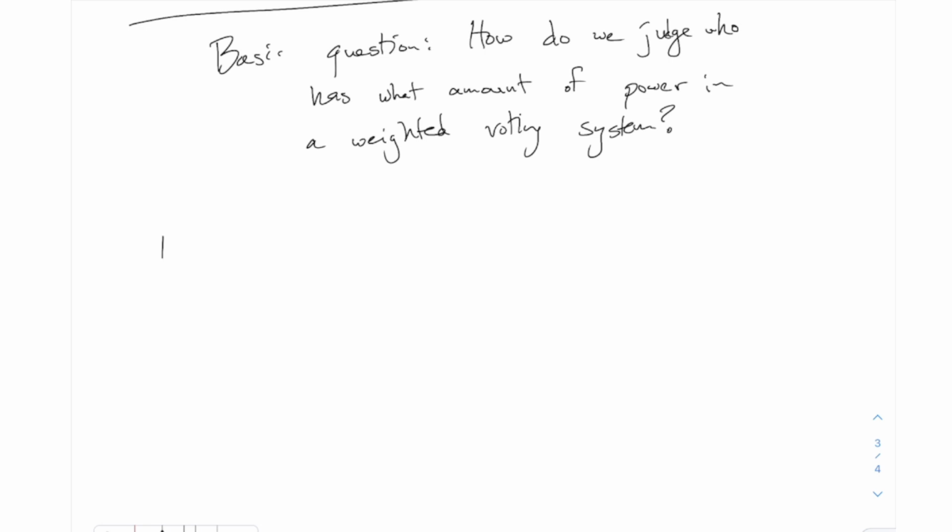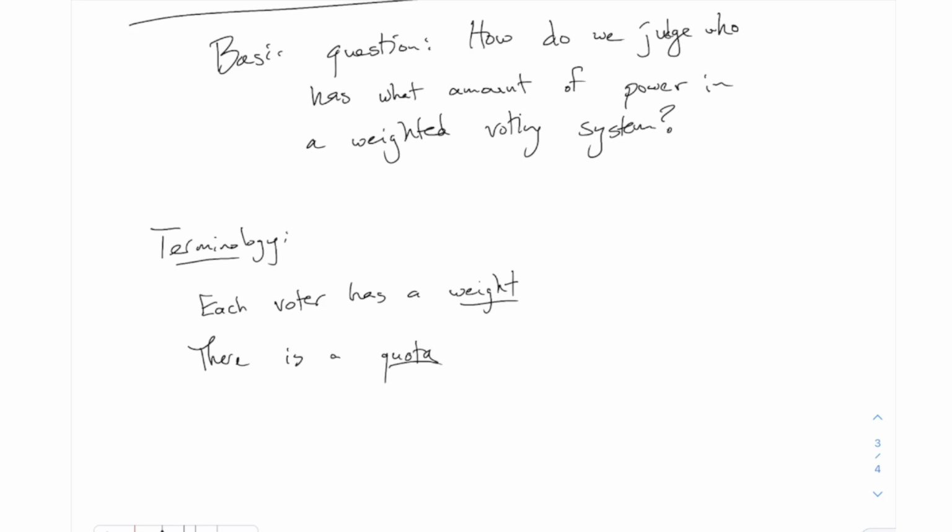So, some basic terminology here. In a weighted voting system, I've already been using these words a little bit. Each voter has a weight, which is like how many votes they get to cast when they vote for things. And also, there is a quota, which is required in order to win.